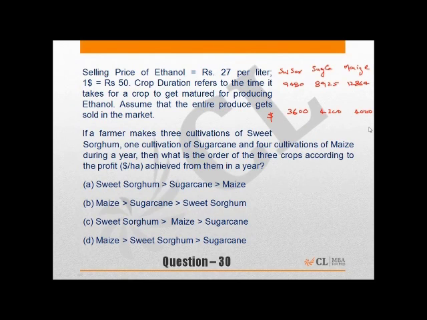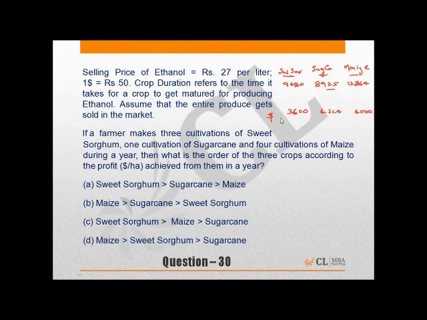Okay, I have written the data out here so that we don't have to go to the previous slide. The data here is sweet sorghum, sugarcane, maize. This is the production in liters per hectare: 9480 liters per hectare of ethanol from sweet sorghum, 8925 liters per hectare from sugarcane, and similarly for maize.